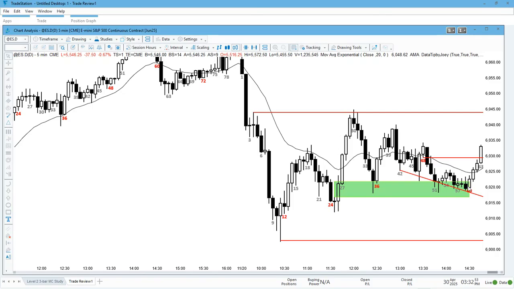This might all be part of a pullback, so this is a really big high 1, high 2. So to me, high probability that 60 through 63 gets a second leg up.